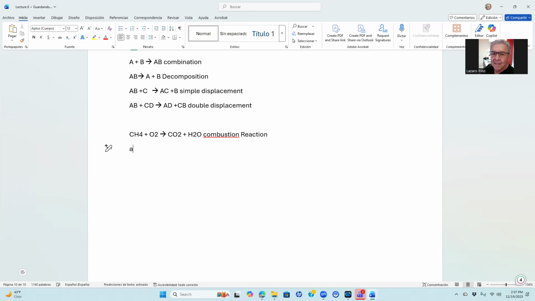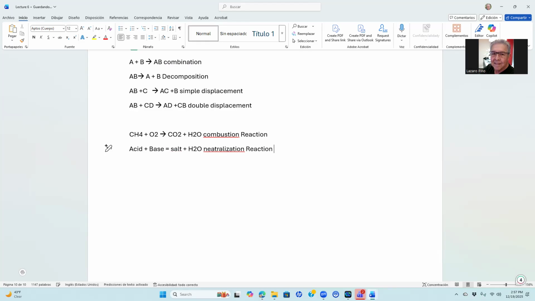Also, when you have an acid plus a base and you get a salt plus water, you are in front of a neutralization reaction.